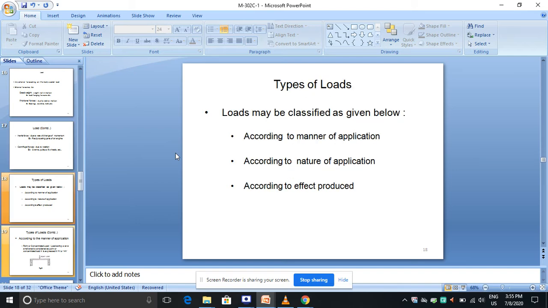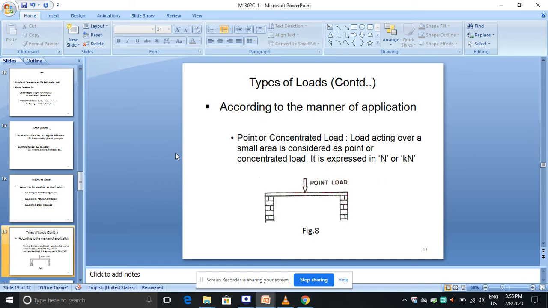Next, loads are classified first according to manner of application, second according to nature of application, and third according to effect produced. First, according to the manner of application, the first one is point load.